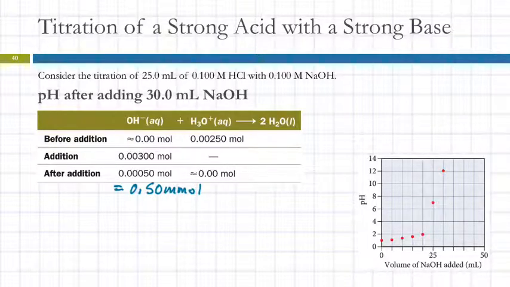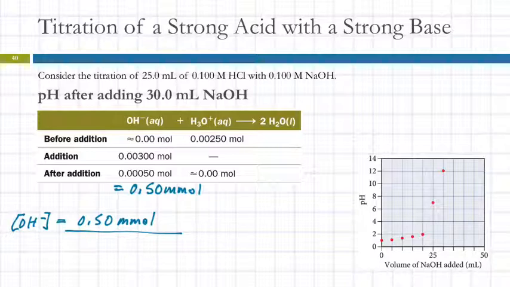So that's my hydroxide. So hydroxide ion concentration is going to be 0.50 millimoles divided by the total volume. The total volume is 25 milliliters plus 30 milliliters. So that's 0.00909.